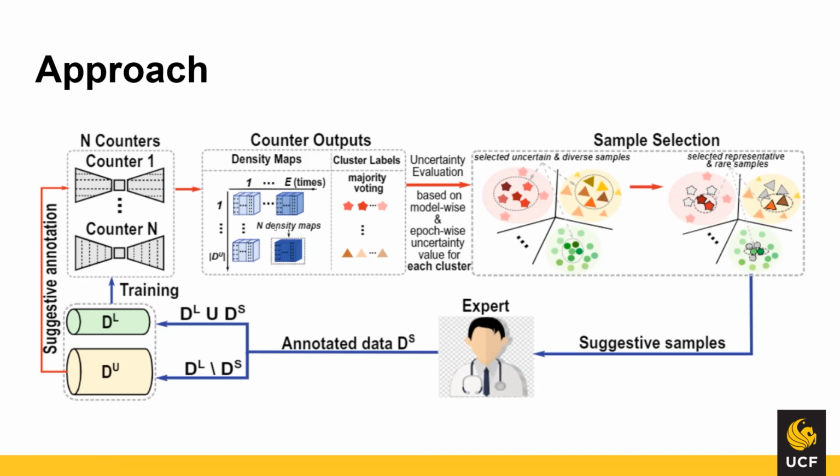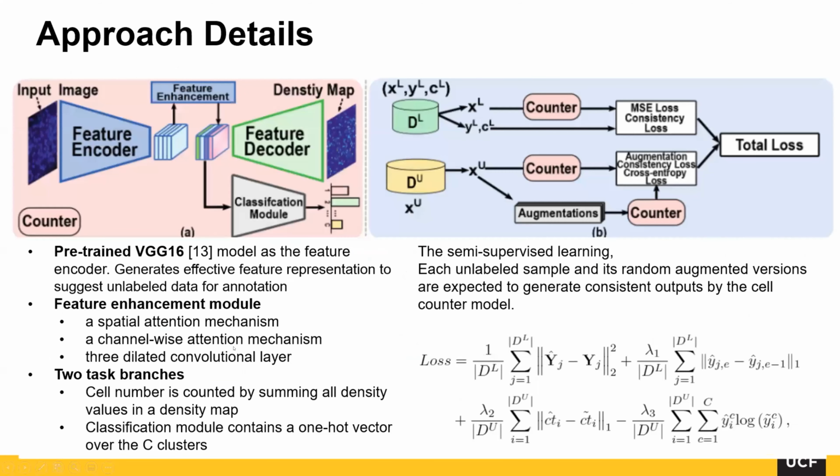Going into the details, they use a pre-trained VGG16 model for the feature encoder. The feature encoder generates the feature representations that can be used for suggestive labeling. So it spits out a bunch of features, and then these features are sent to the feature enhancement module. The feature enhancement module has three parts.